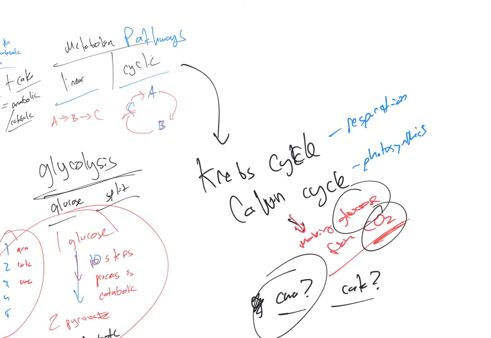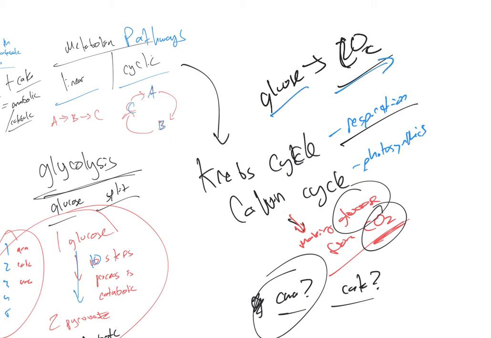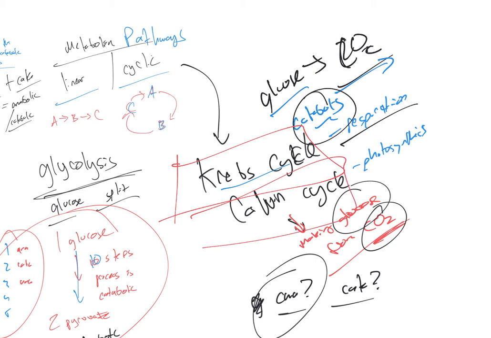Now, the Krebs cycle, we know is respiration. We're taking glucose and turning it into CO2. So we're breaking down compounds, and the Krebs cycle would be an example of catabolism. Both the Krebs cycle and the Calvin cycle are cyclic.